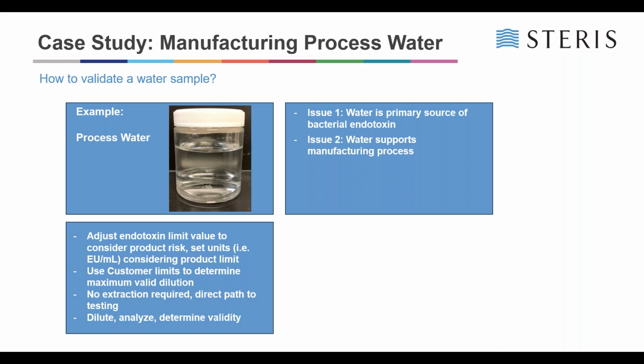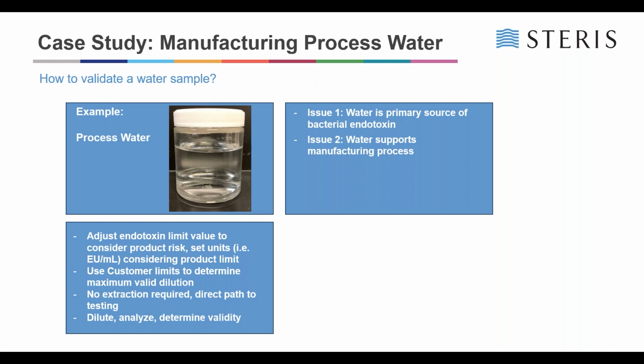We would definitely use the customer limits to determine a maximum valid dilution. Although the customer limits could be related to the product limits, there could be some other considerations there for QC control. And then the process water is a direct path to testing, as there is no extraction required.